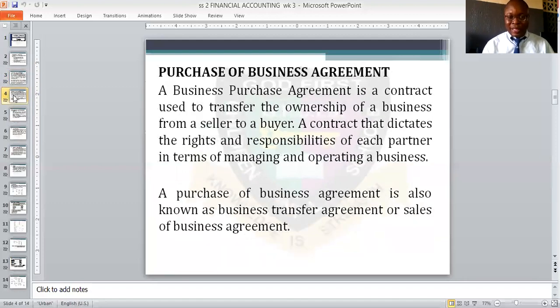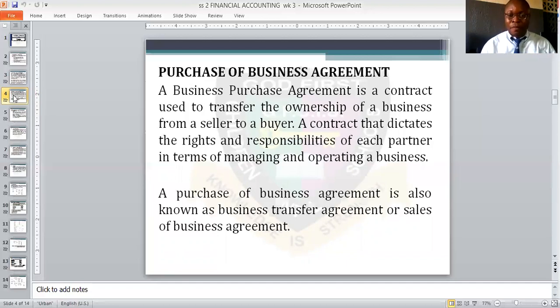Let us look at the purchase of business agreement. This is what we call a contract, and the contract must be between the buyer and the seller, so that the seller will transfer the ownership of the business to the buyer. So the buyer will now be the owner of the business if eventually the seller sells the business to the buyer.